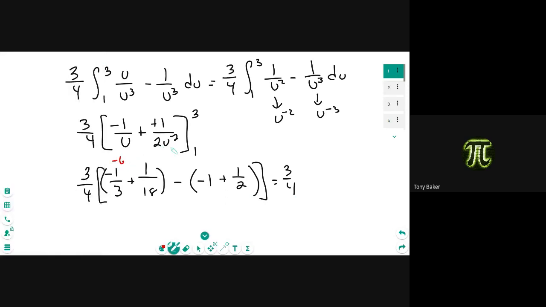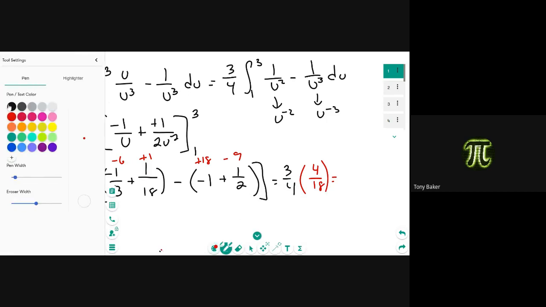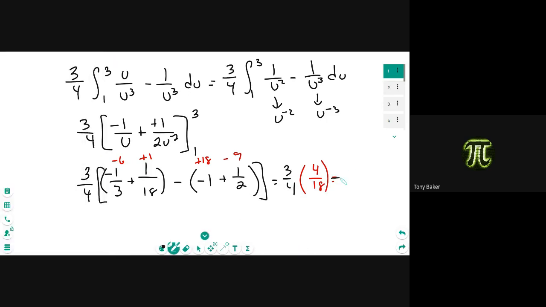We've got negative 6 plus 1 plus 18 minus 9. So 9, 3, 4, which is over 1/6.